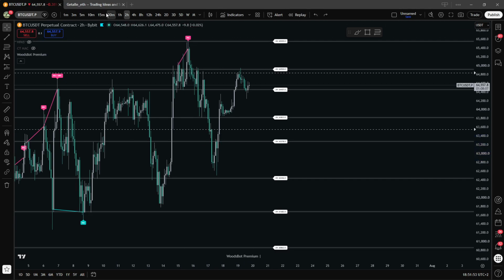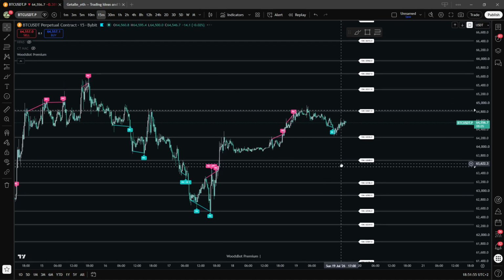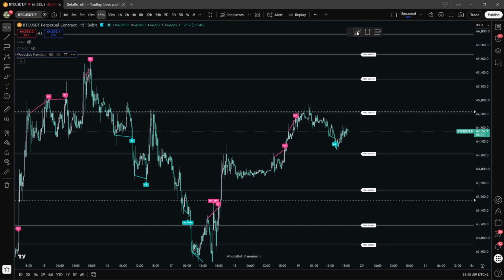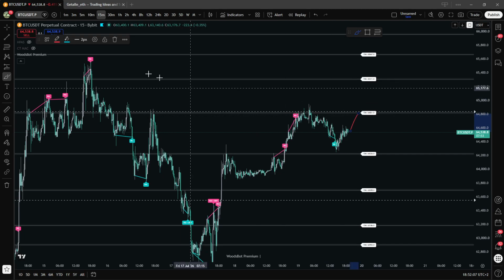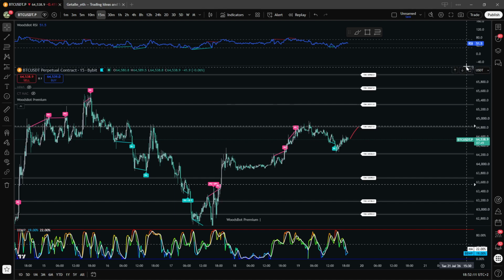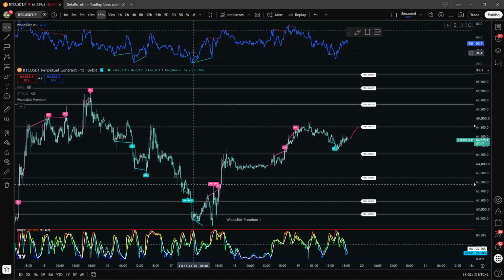For shorts, I don't have any triggers right now. If price action comes back again towards 74K 800, this is a potential short area for me. However, it would need to have pretty heavy bearish divergence, which I don't think will be the case, looking at momentum right now.